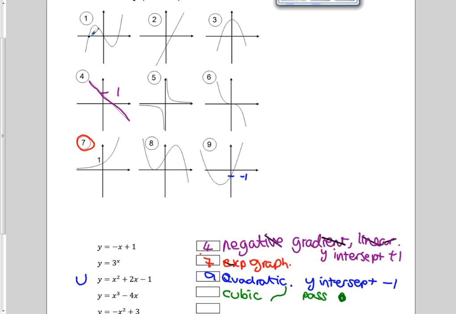So if we have a think, this value here would end up being -2 because -2 cubed minus 4 lots of -2 would give us -8 plus 8, which would give us 0. And it crosses through the origin, and this value here would be 2 again. Okay, so that matches up with graph number 1.